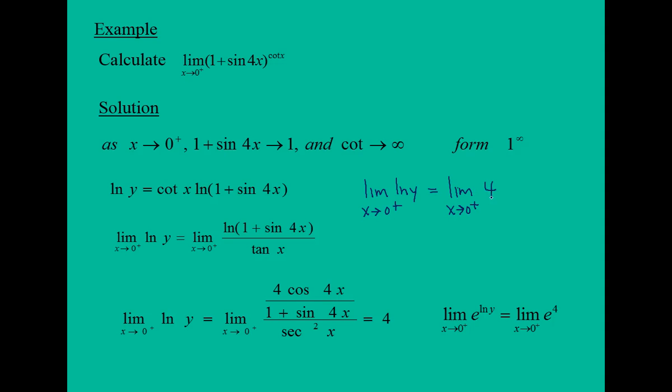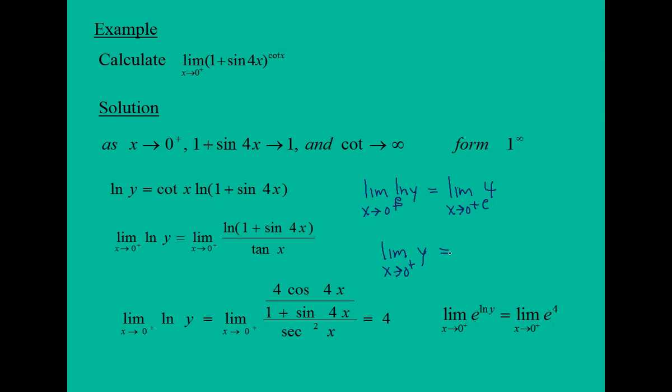Now we can either rewrite this in exponential form, or you can just say I'm going to raise each side to the base e. Now we can take the limit outside of raising this to the base e, and then we're looking for the limit of e to the ln of y. But e to the ln of y is y.